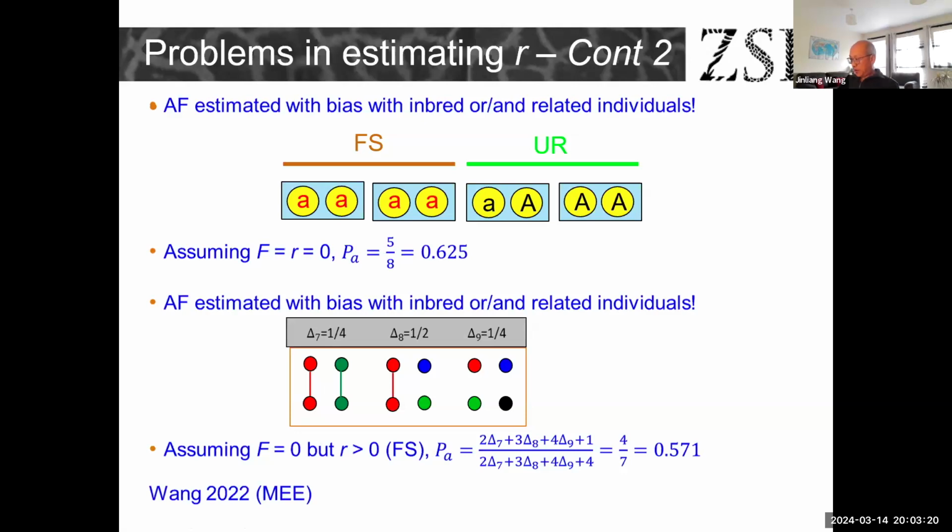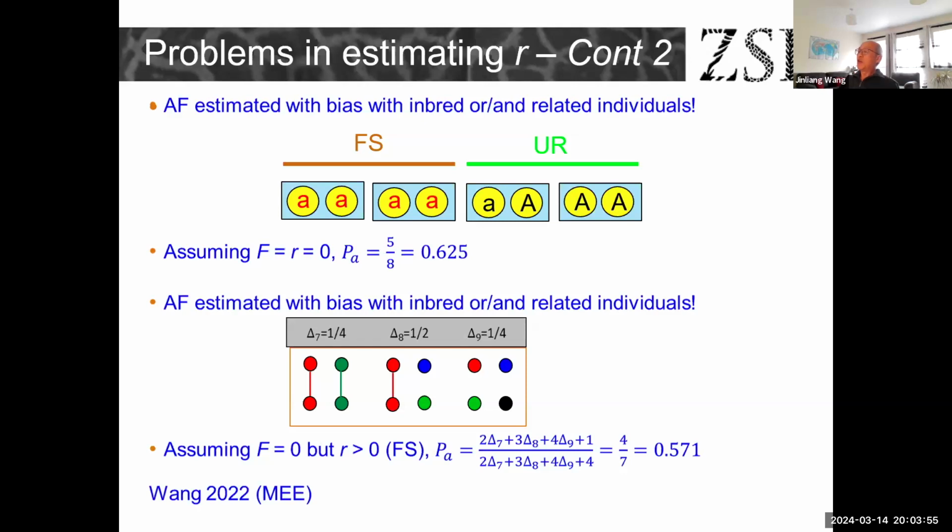So we calculate the number of independent alleles here in the numerator, that is 2.7, 3.8, and 4.9 plus 1, because we have one allele here from the non-inbred and unrelated individual. So we get an estimate of 0.571. This estimate should be closer to the truth. It gives a better estimate of the small allele frequency.